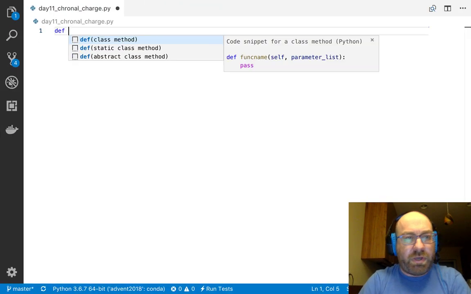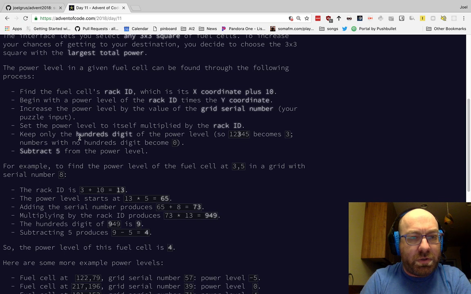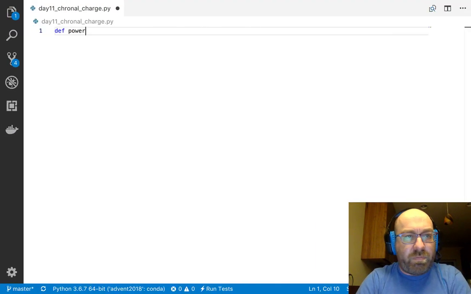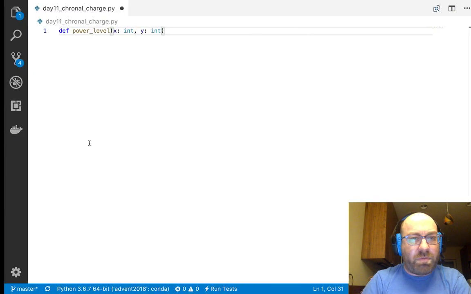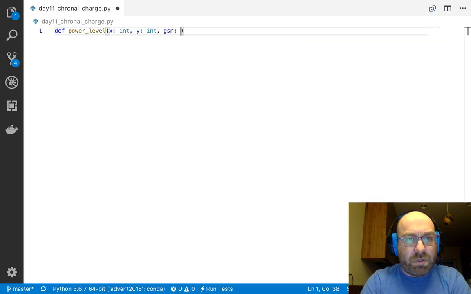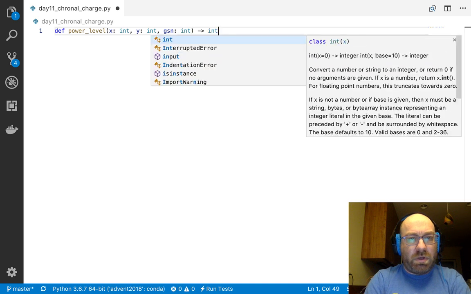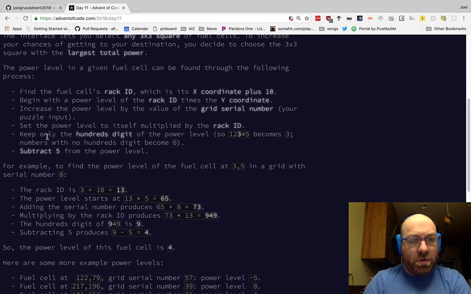So we want to say, what do we call this? Def power_level, x is an int, y is an int, and then we have a grid serial number, I'll call that GSN, which is an int, and that will return an int.